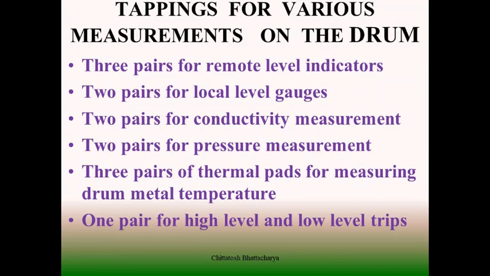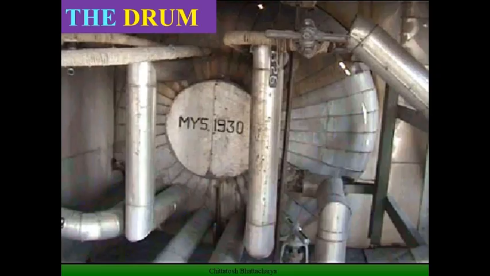So we have remote level indicators, local level gauges, and conductivity measurements to ascertain the pH, and we also have pressure measuring devices directly attached to the drum, and temperature measuring devices. As you know, the drum is the thickest material within the entire boiler, and boiler quality materials have a very tough quality.